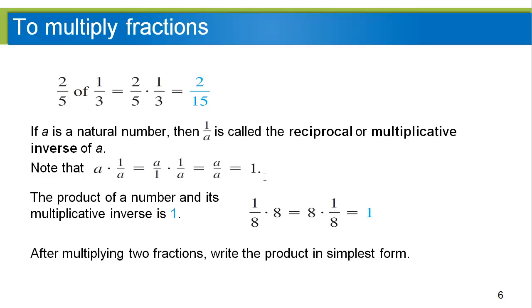So the product of any number and its multiplicative inverse is always 1. 1/8 times 8, which is the same thing as 8 times 1/8, is equal to 1. 1/9 times 9 is equal to 1, 1/10 times 10 is equal to 1, and so on and so forth. And it even works with negative numbers, right? Because for -7, the reciprocal would be -1/7, and we do -7 times -1/7. The two negatives cancel, and we still get +1.